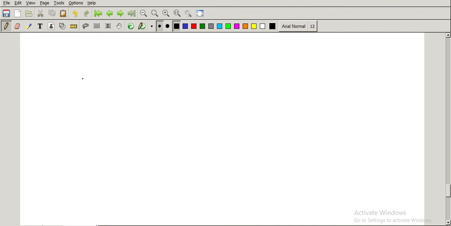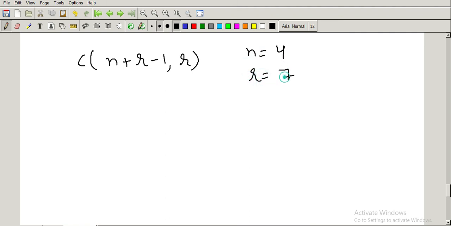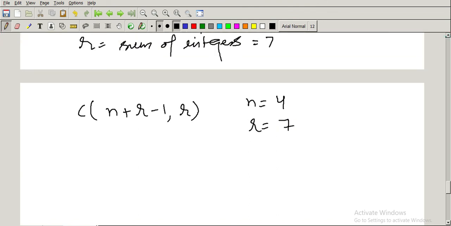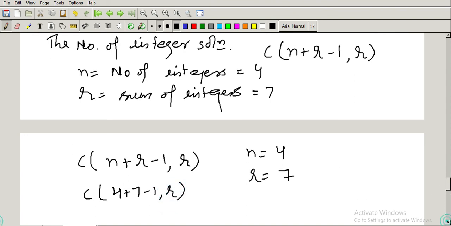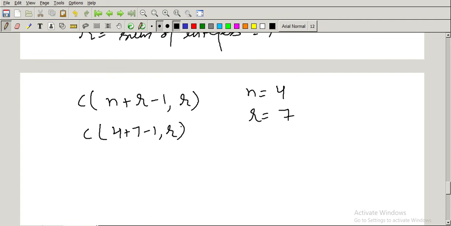So यहाँ अब क्या हो गया, C is equal to मैं दोबारा से फॉर्मूला लिख देता हूँ, C(n plus r minus 1, r). तो यहाँ पर n क्या था आपका, नंबर ऑफ इंटीजर्स 4, r क्या था, सम ऑफ इंटीजर्स 7, राइट. तो क्या होगा, यहाँ पर पुट n इज इक्वल टू 4 प्लस 7 माइनस 1 कॉमा r, r is your 7, put 7.